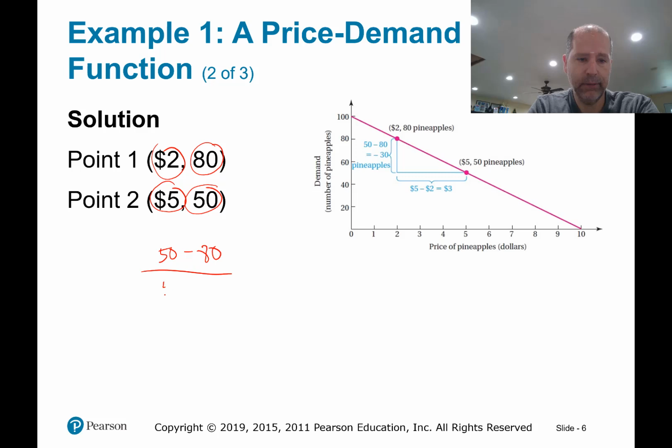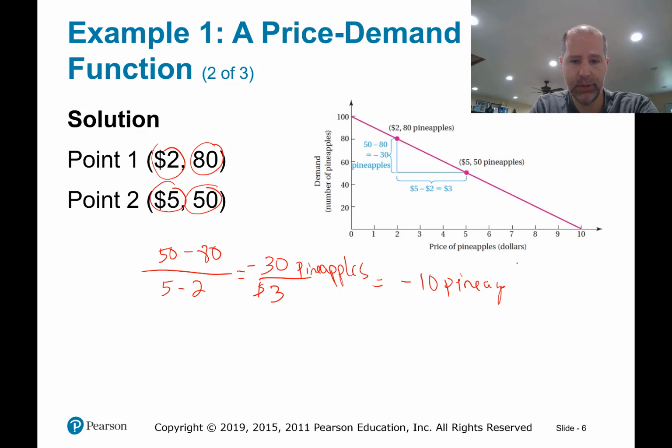And we'll do 5 minus 2. And so we get a difference of what? We get negative 30 pineapples over what? $3. And so we get what? Negative 10 pineapples per dollar.